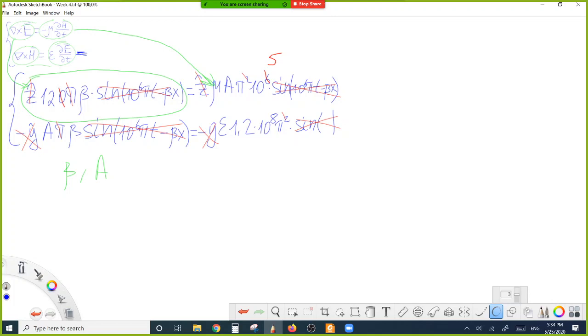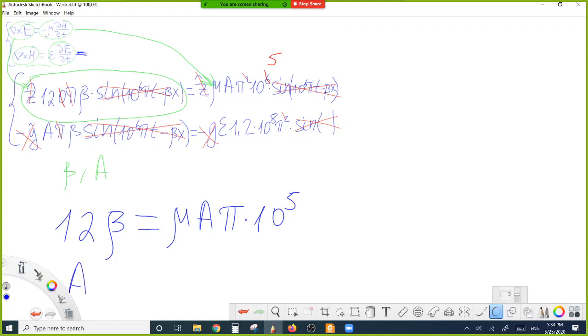So we have 12 beta is equal to mu a p 10 to the 5, and next we have a multiplied by beta equal to epsilon 1.2 10 to the 8 p.